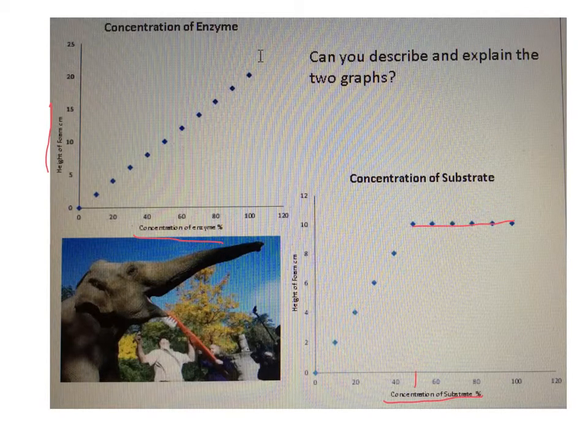Enzymes only have one active site per enzyme, and the problem is that that active site can only do so much work. So even though we keep adding more and more substrate in, it can't break the substrate down any faster than it already is. So it's doing as much work as it can, so the highest the foam will rise to is 10 centimeters, that's as fast as the enzyme can work, and that's why it levels off.